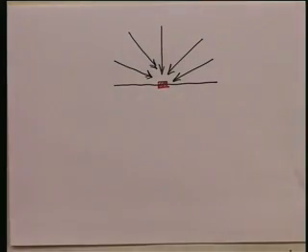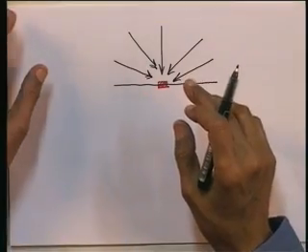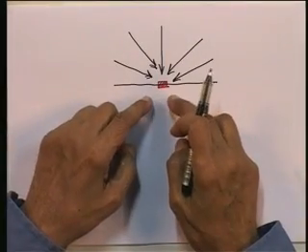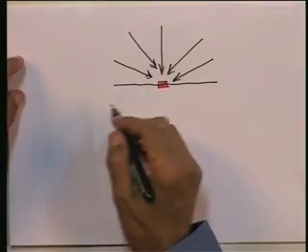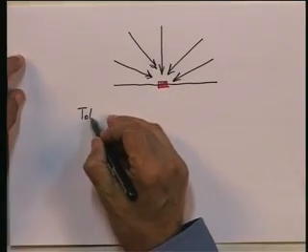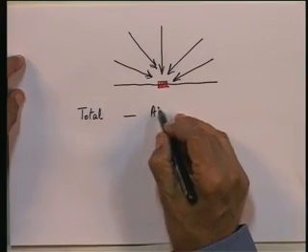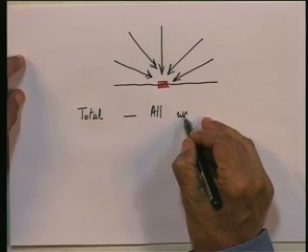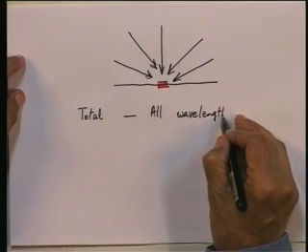Now, the total hemispherical irradiation, I have said to you, is the radiant flux incident on the surface of the body in watts per meter squared. The word total which I use stands for all wavelengths. That is what we mean by total, something summed over all wavelengths, 0 to infinity.